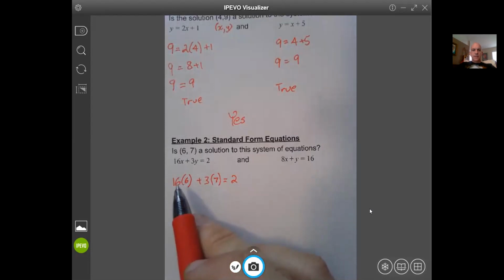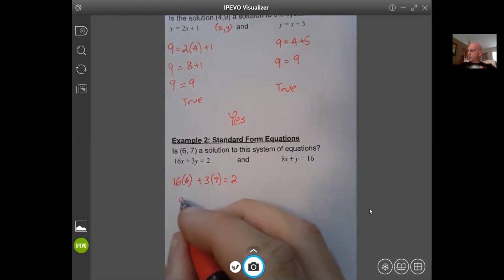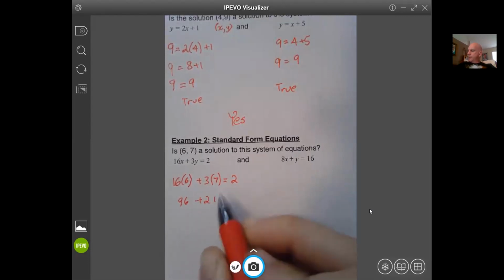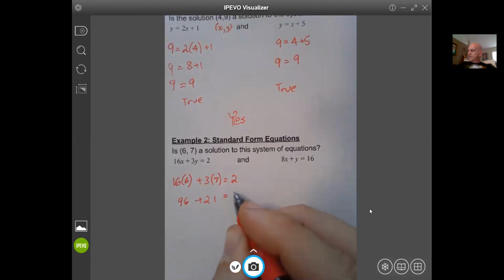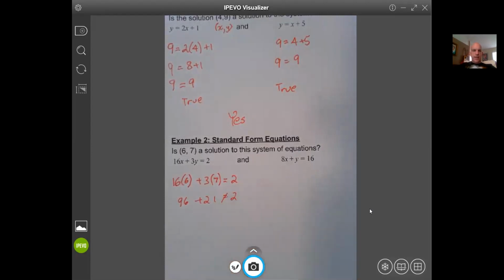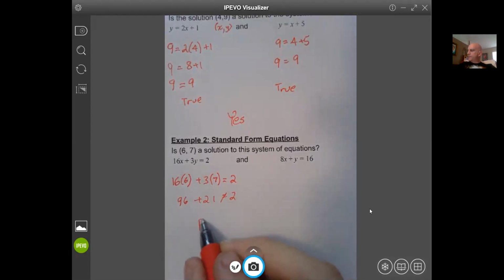It's 96 if we did that on the calculator or in our head. And then this is 21. 96 plus 21 does not equal 2. We don't even have to finish that out. Even just doing 96 and knowing we're going to add something should have told us that was going to be false. So this one is false.